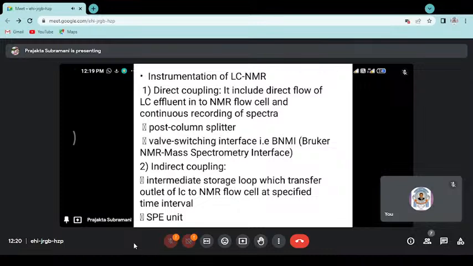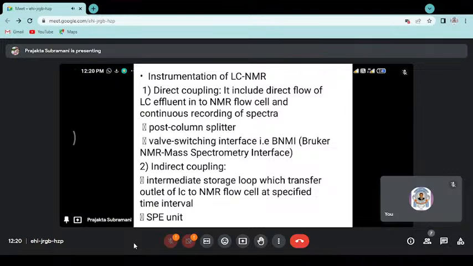In this storage loop, the effluent goes to NMR at specified time intervals. Also, this indirect coupling involves the SPE unit, that is solid phase extraction unit.